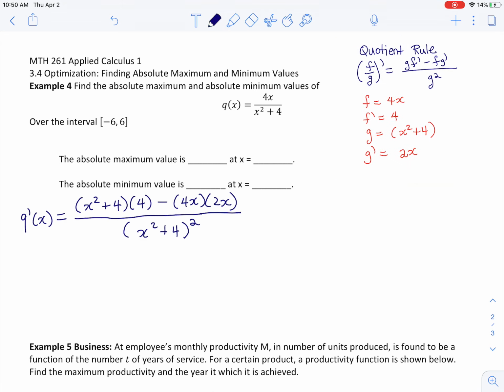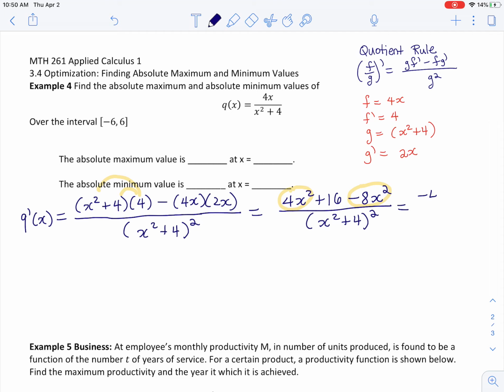Now, I'm going to go ahead and simplify this, okay? Now, hold on, this guy needs to be a little bit smaller over here for me. All right, that equals, I'm distributing, 4x squared plus 16. And, well, if I multiply these two, I get minus 8x squared. And these are all over x squared plus 4 squared, right?